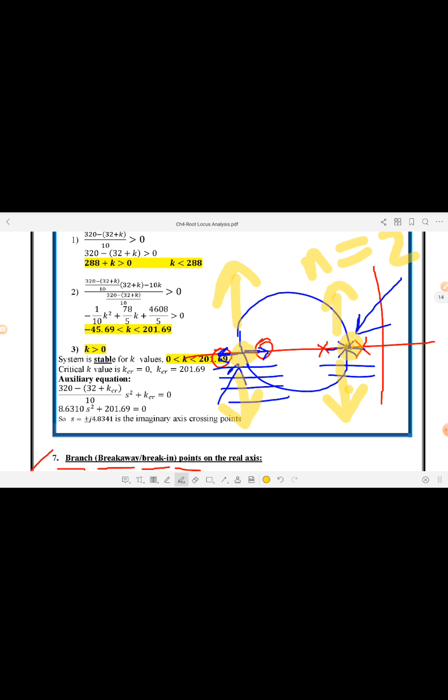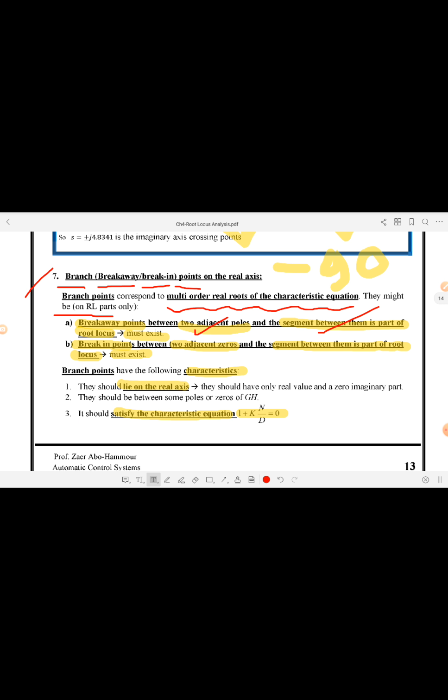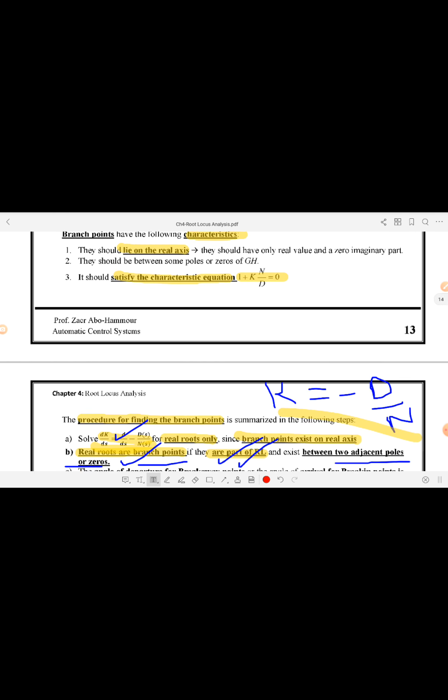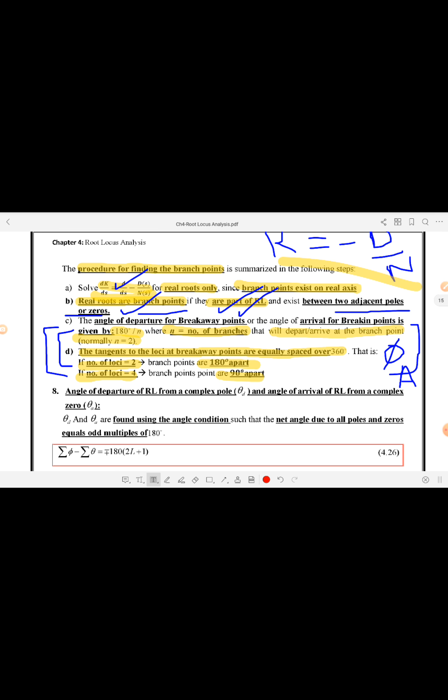The initial angle in both cases will be 90 degrees and the other angle will be minus 90 degrees. So this is what I mean by the angles of departure from the real axis and the displacement of the tangents to the loci at the breakaway points or break-in points.